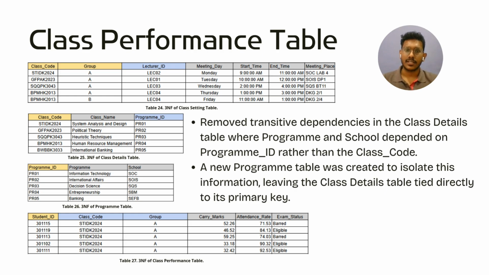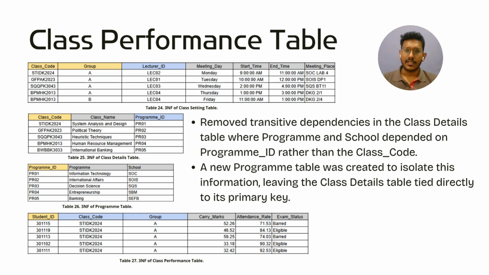Next table is the class details table. So it stores basic class info, which is name and related program ID, and links each class to a specific academic program, and only contains details directly about the class and no extra info about the program or school.